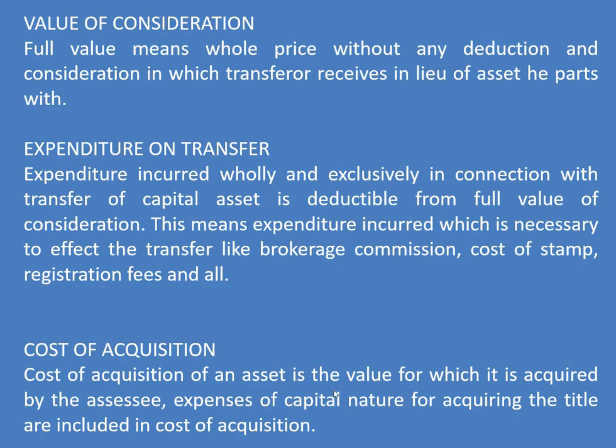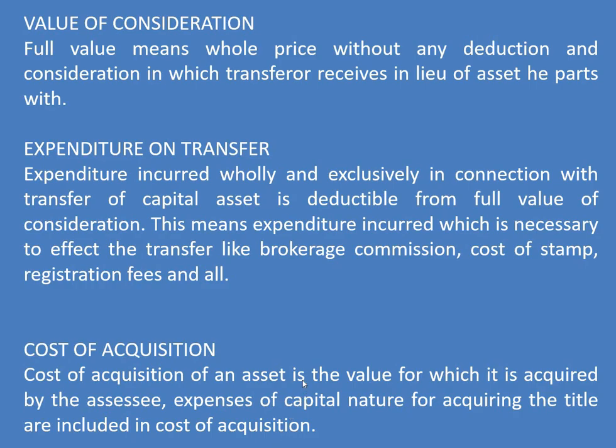And it also includes certain expenses which are capital in nature relating to the purchase. So cost of acquisition is the value for which the asset is acquired, that is purchased, by the assessee, and it also includes expenses of capital nature.